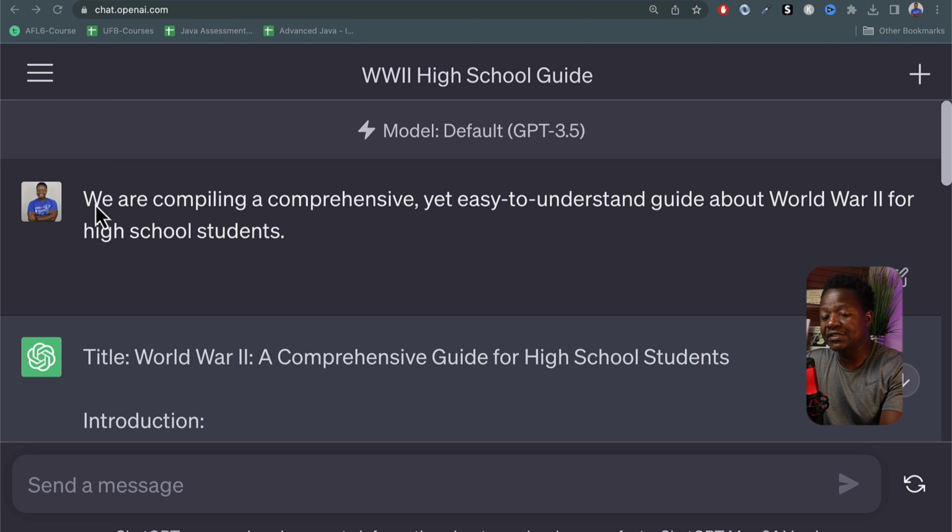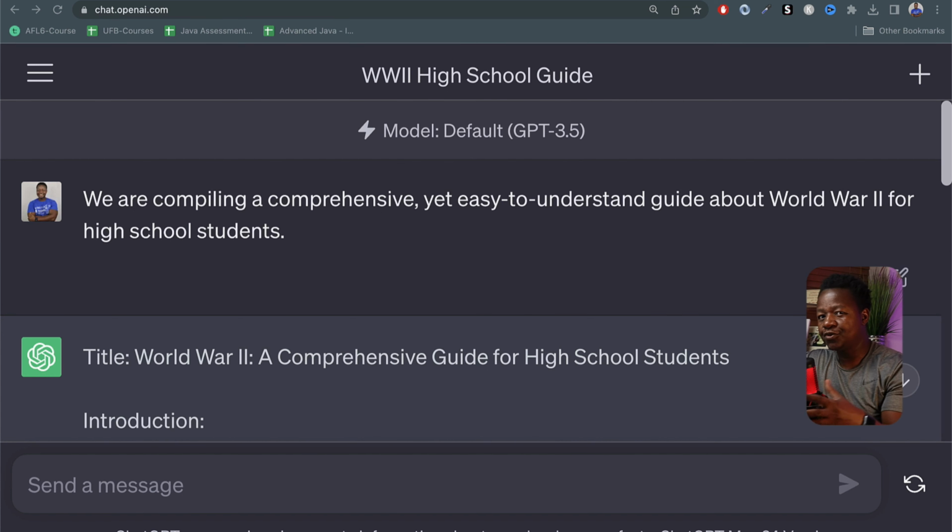So there is an instruction here. The instruction is to give us a very easy to understand guide about what? About World War II for high school students. Very specific. But again, the main part of the prompt here is "we are compiling a comprehensive", so we are adding more objectivity for this prompt.